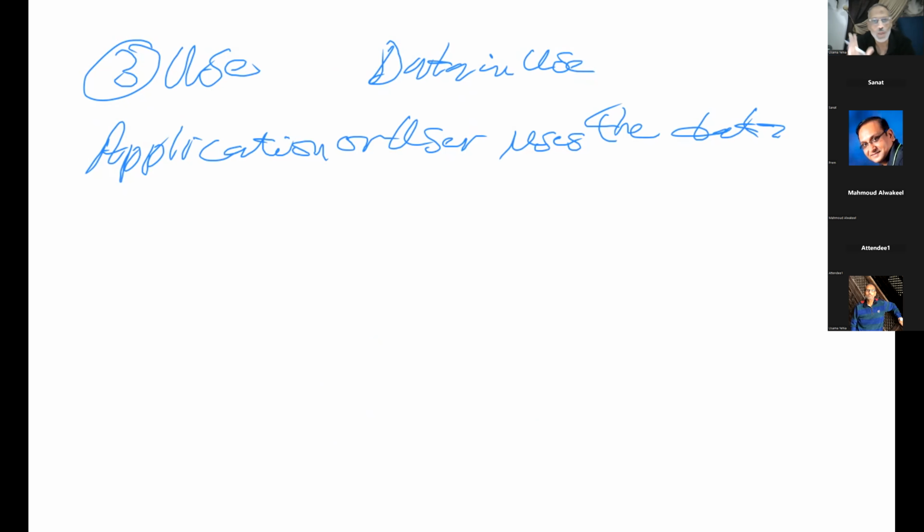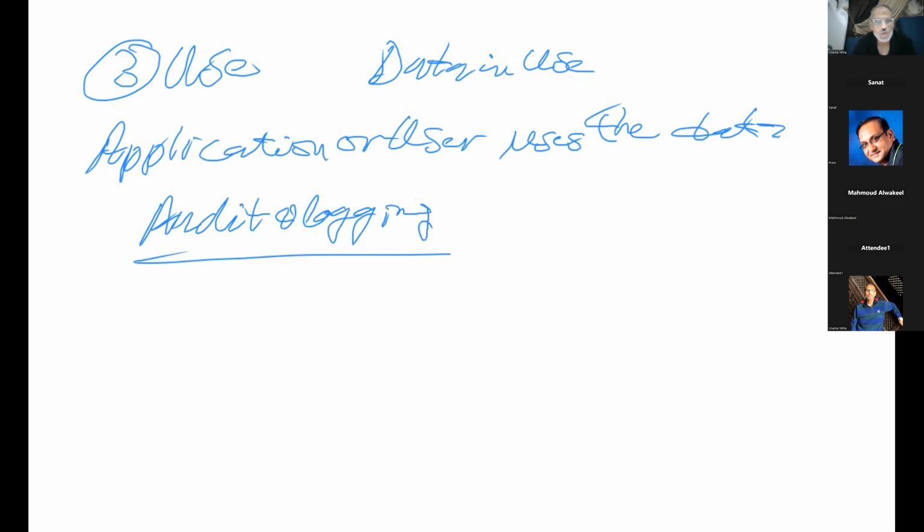Then what do I have to do? You have to take some other methods to protect the data. What are these methods? Number 1, you have to enable the audit and the logging. Then any changes will be recorded, and you will be able to see any changes.